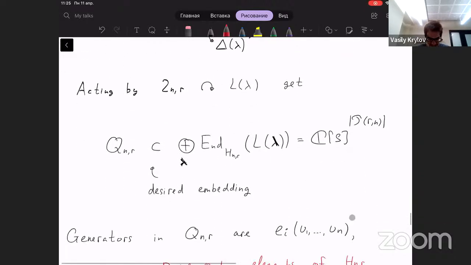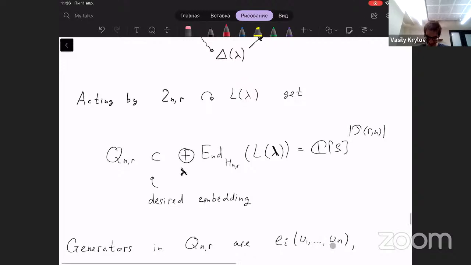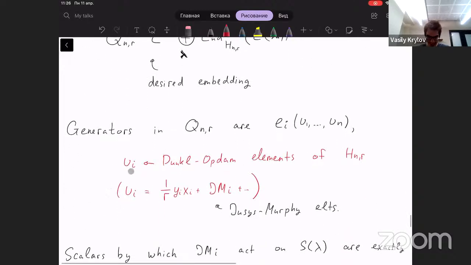And the last ingredient is to find good generators of this algebra. The generators are actually symmetric functions on u_1, ..., u_n, where the u_i are so-called Dunkl-Opdam elements of the Cherednik algebra. These Dunkl-Opdam elements look as follows: you have 1 divided by r, y_i x_i, plus some Jucys-Murphy element, plus something that depends only on z mod r, z to the power n.